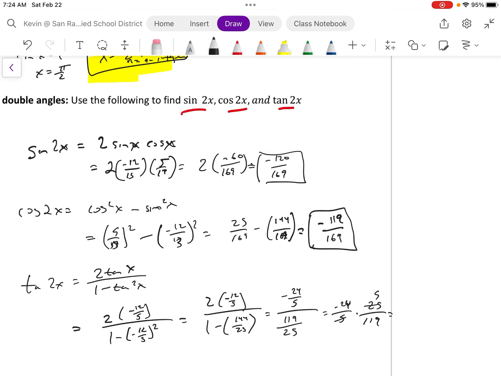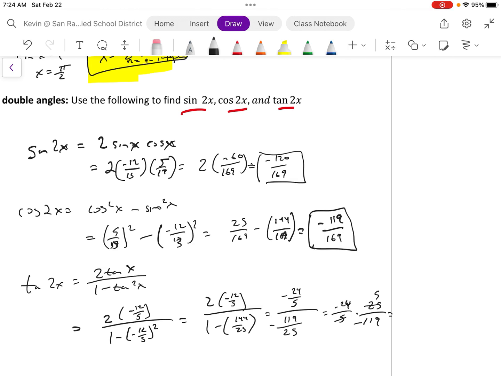Is that right? That goes into here, 5, 5. I did 1 minus, oh, this is negative.